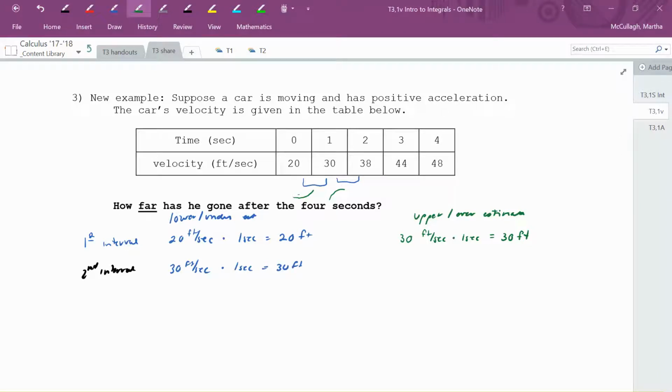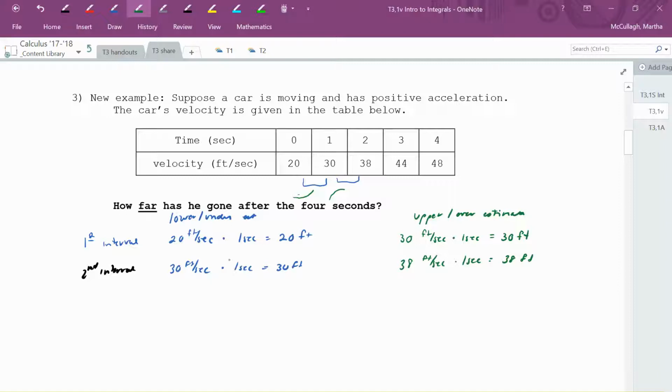It's also possible during that interval that the car could have gone 38 feet per second for most of that interval of 1 second, which would mean that it would have traveled 38 feet.